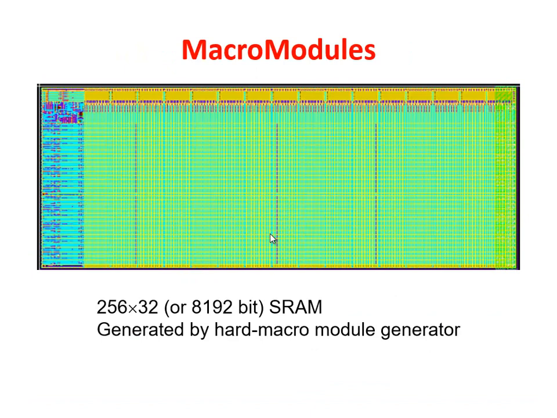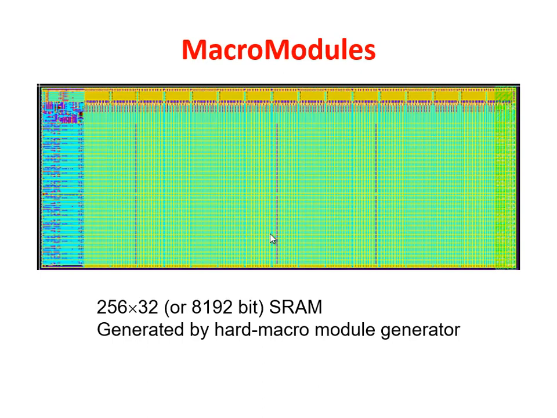So, for example, one macro module is this one. This is an SRAM, an 8 kilobit SRAM. You see the structure, of course, it is a memory, so the structure is very regular. You need an 8 kilobit SRAM, you take it from the library and you put it directly into the design, and it works.